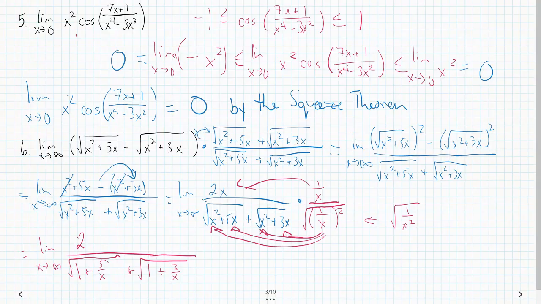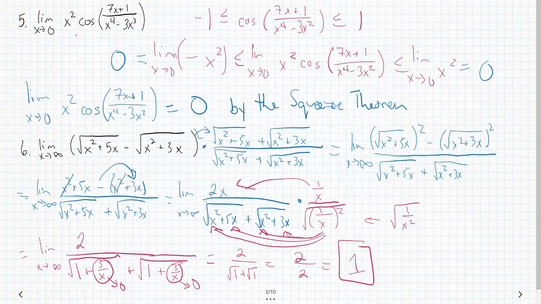Okay, so this 5 over x is going to go to 0. This 3 over x is going to go to 0. So what we're left with is just 2 over the square root of 1 plus the square root of 1. Right? So it's going to be 2 over 2, which means our final answer to this, and I don't think this was something we saw coming, is just 1.